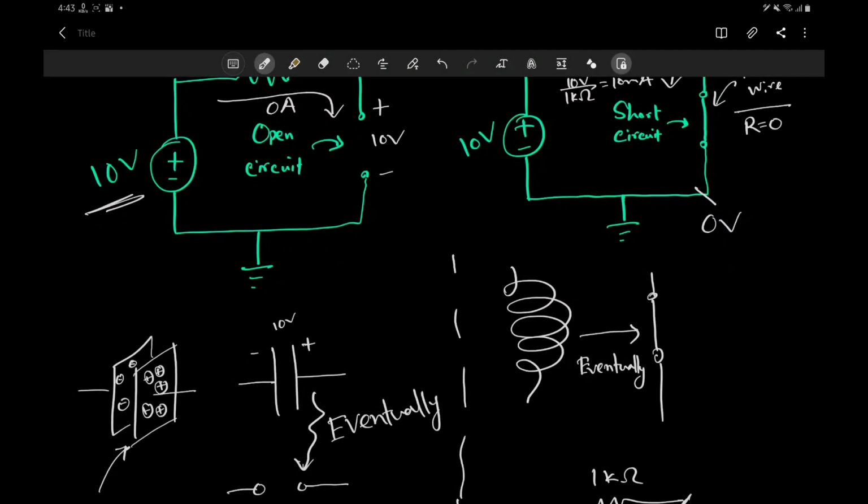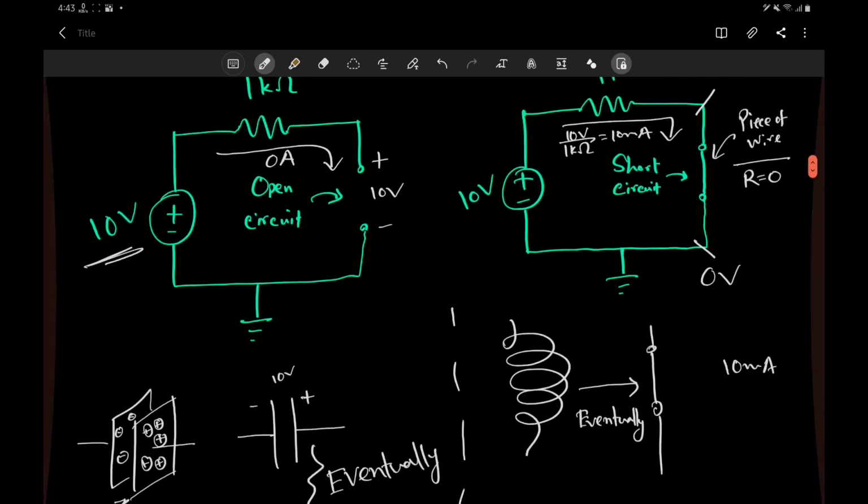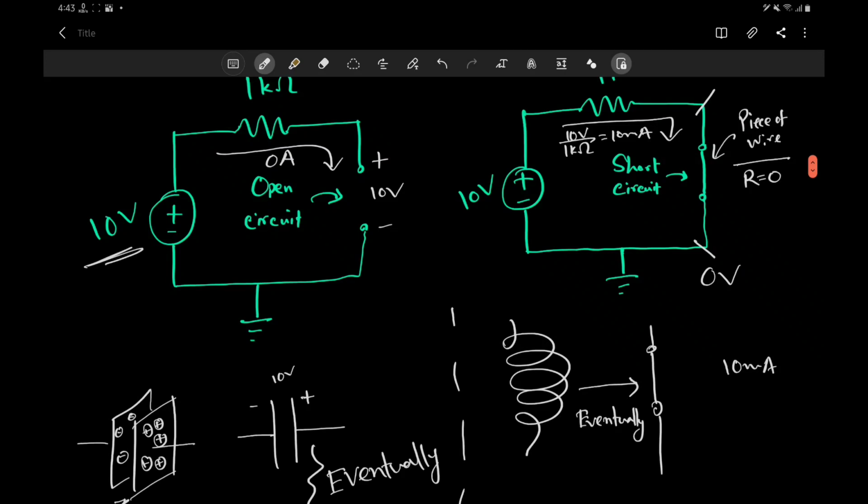Similarly, for inductors, it takes some time to build up to the 10 milliamperes of current. There is 10 milliamperes of current in this circuit, but it takes some time to go from 0 milliamperes to 10 milliamperes. This is because the magnetic field of these coils opposes the current's increase.